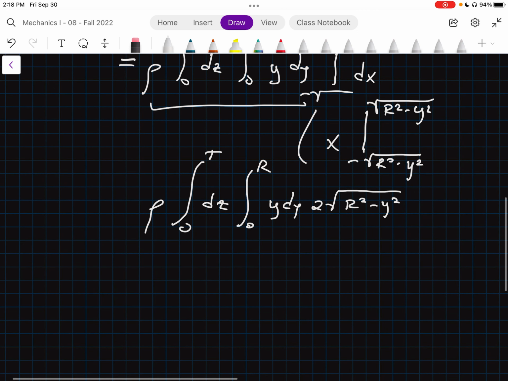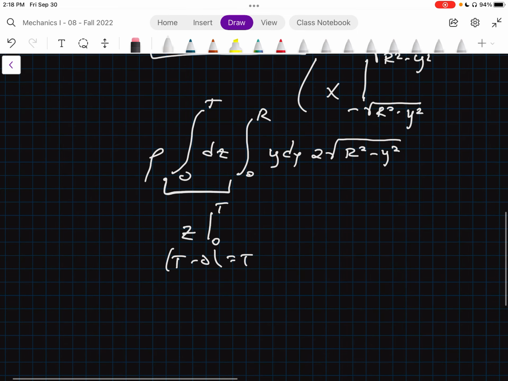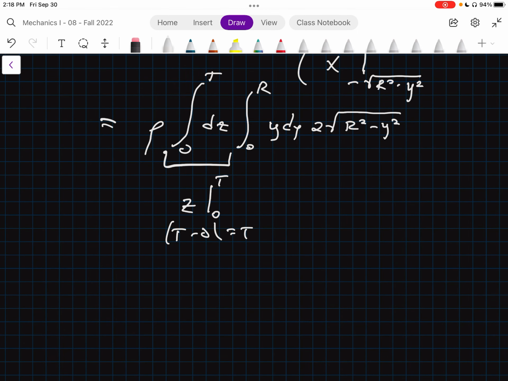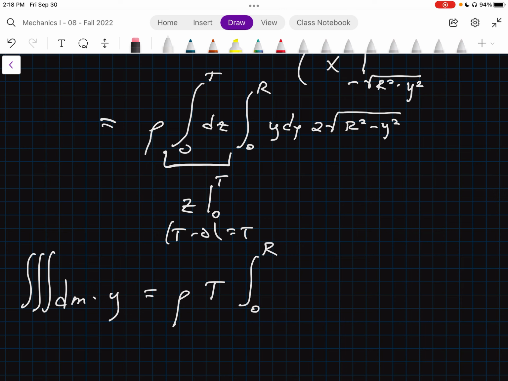Okay, I might just want to do my dz integration just so I don't have to keep writing that. So the integral of dz is just z. I'm going to evaluate between 0 and t, the thickness of the disk. And so that gives me t minus 0, which is just t. Okay, so then I can rewrite my integration of dm times y. It is the density, and then I have my thickness t, and I'm still left with my integral with respect to y.